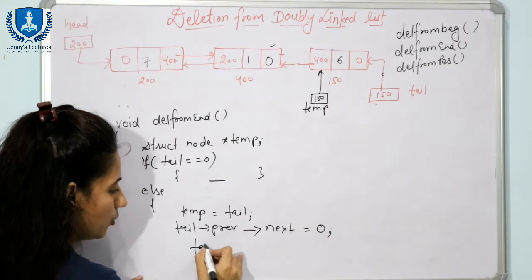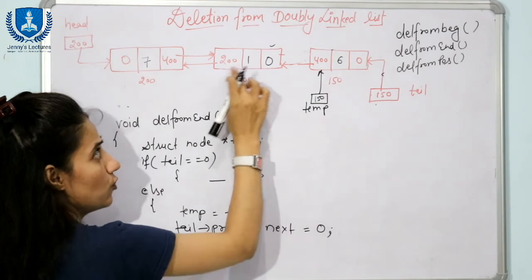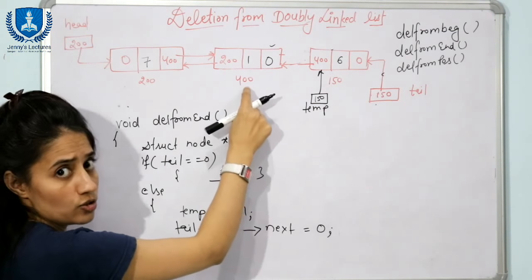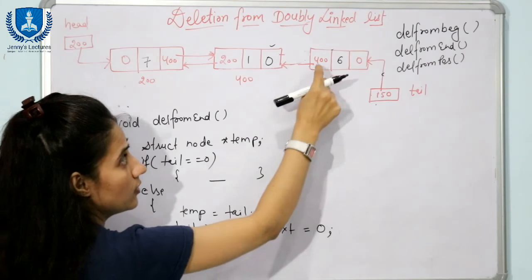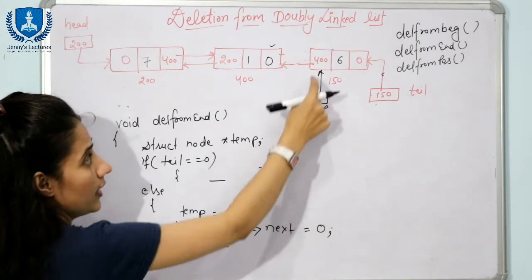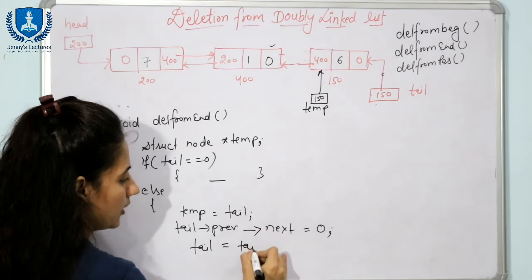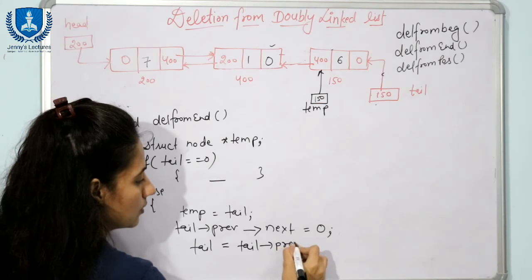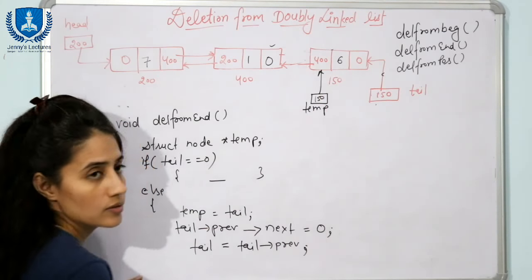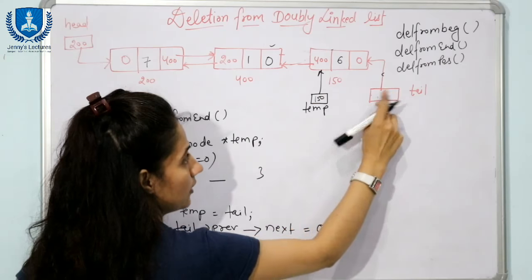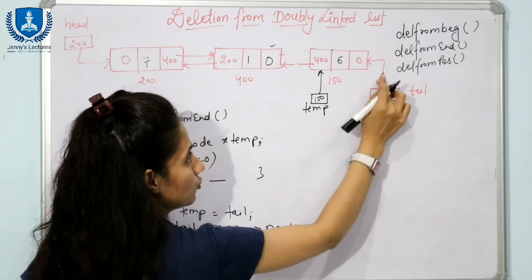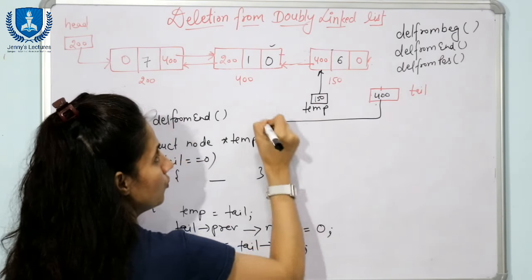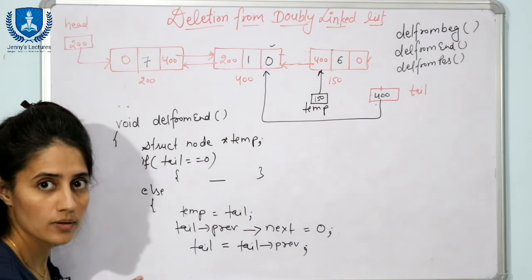So in the tail pointer, what we are going to store is 400, the address of this node. Now from where can I get 400? From here. Fine. And how can we access this part? We can write tail of previous, that is 400. So here now I have 400. So tail is now pointing to this node, right?